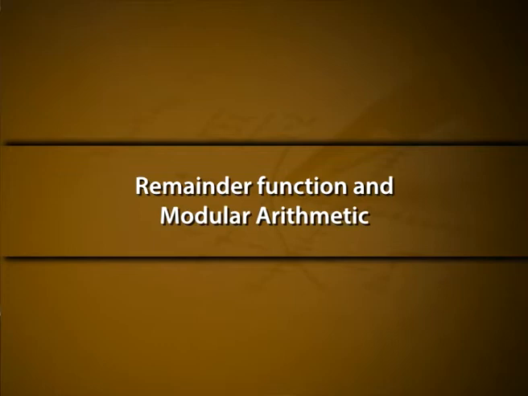Thus, modulus value of minus 15 is 15, modulus value of 7 is 7, modulus value of minus 3.33 is 3.33, modulus value of 4.44 is 4.44 and modulus value of minus 0.075 is 0.075. We note that mod x is equal to mod of minus x and for x not equal to 0, mod x is positive. Now, let us see remainder function and the modular arithmetic.